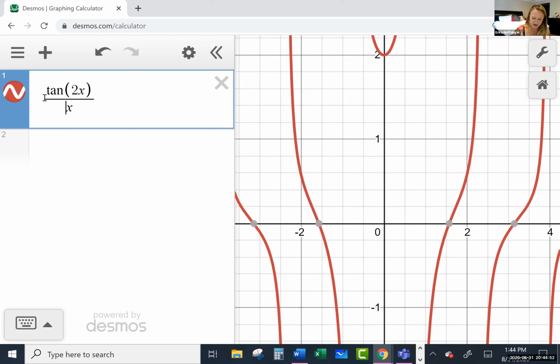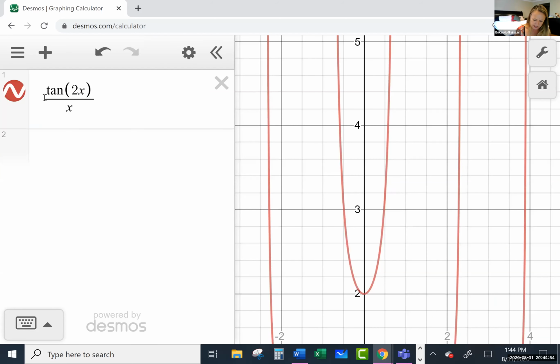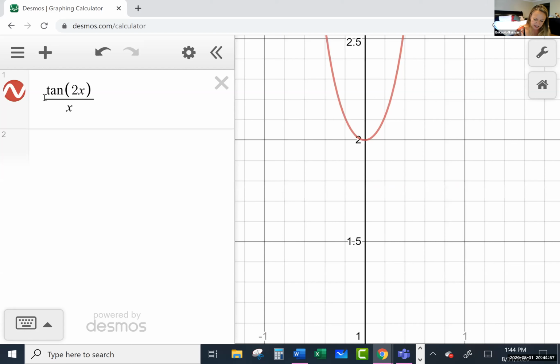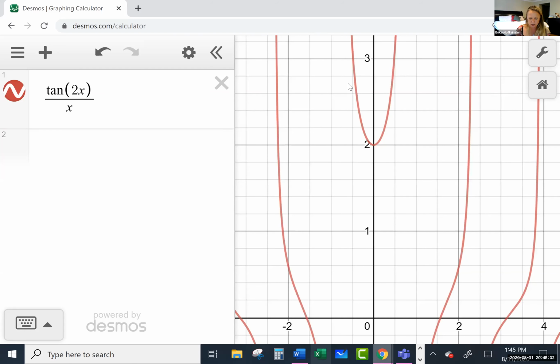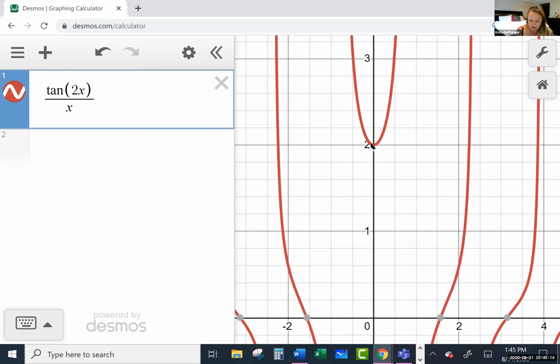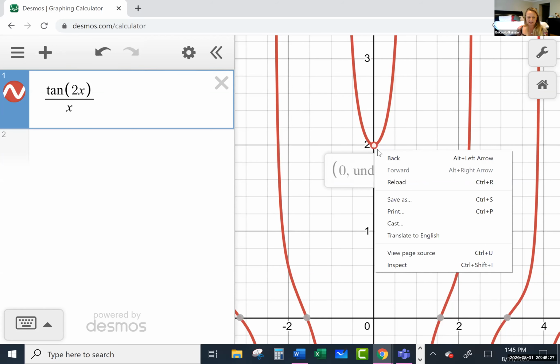If we're looking at the graph as x is getting closer and closer to 0, notice that it's approaching our y value of 2, on the left and on the right. Again, we said it was undefined there, and if we find it, there should be an open circle. And that point should say undefined if you click on it. Yeah, there you go, open circle. But the limit exists.